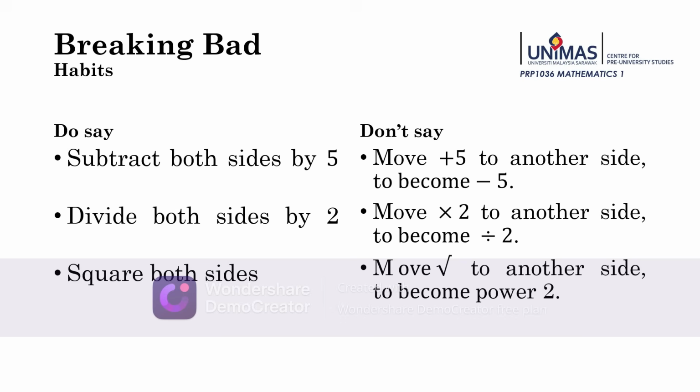And square both sides. When we do this, it avoids careless mistakes, because sometimes when you move one value to the other side, you may forget to change the sign. If you subtract both sides by 5, you know the left hand side is equal to the right hand side, so it will reduce your chances of making a careless mistake.